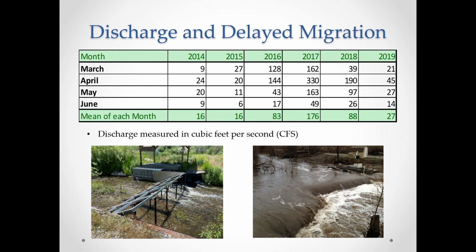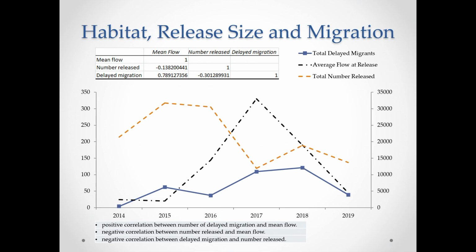This is just, I want to talk about some of the potential driving factors. This is discharge in CFS, looking at what a fish might migrate at, and it varies widely, right? So we got anywhere from 16 CFS to over 170 CFS. So that may play a huge role.